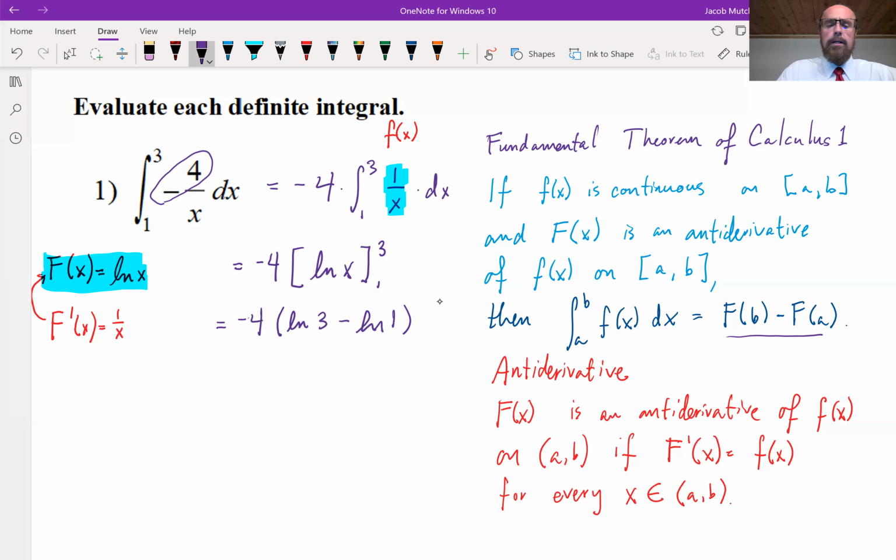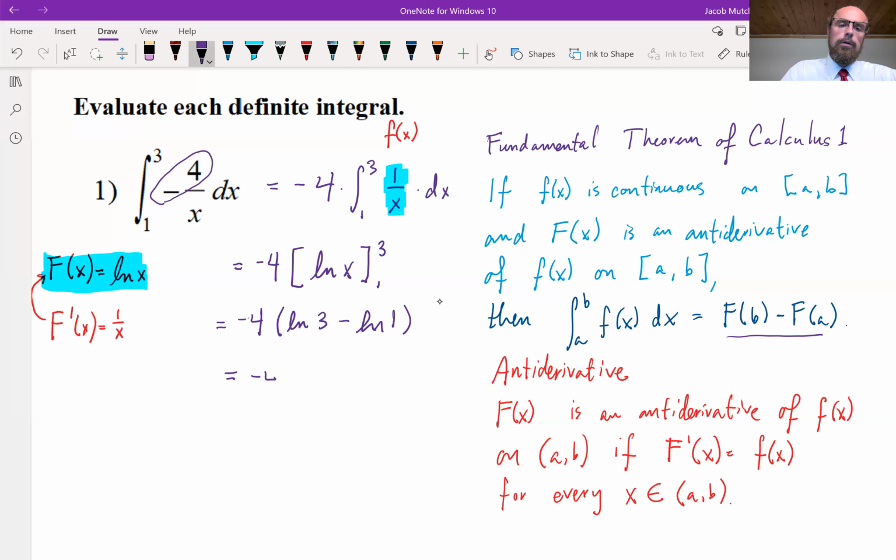The first is that I could collapse this as a quotient. It could be the natural logarithm of 3 divided by 1, which is going to just reduce to the natural logarithm of 3. Another way to look at it is natural logarithm of 1 is really saying e to what power would give me 1, and that's 0. So this would also just reduce to 0, which would just leave natural logarithm of 3.